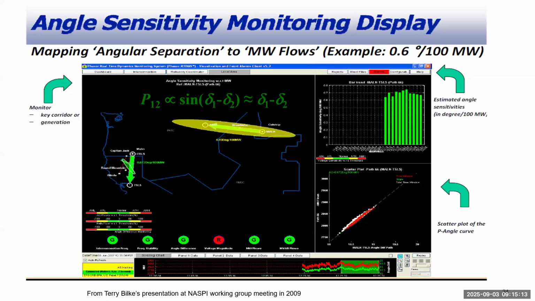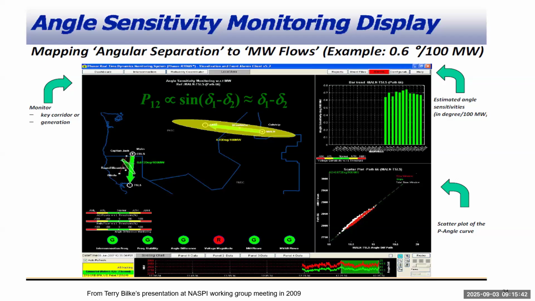And for this specific system, if you can recognize the background, it is about the western connection, the western side of the US. So here is California, and this is Oregon State and California, and they monitor the power exchange between the Oregon substation and one California substation. For this case, the power is from Oregon to California, and for this case, the power is from the east to the west.